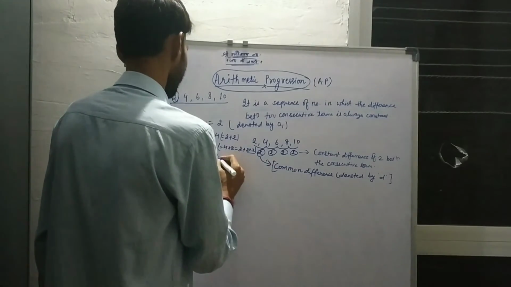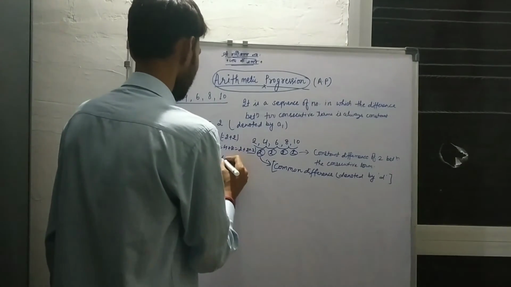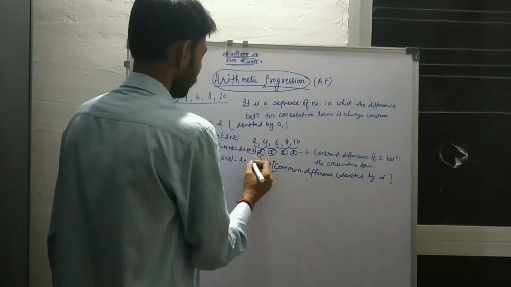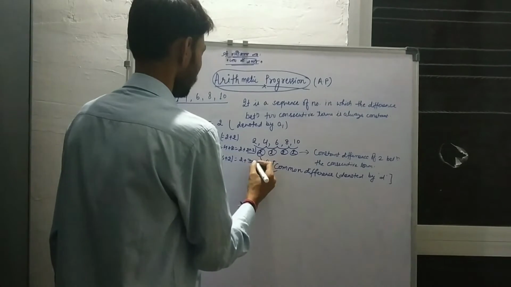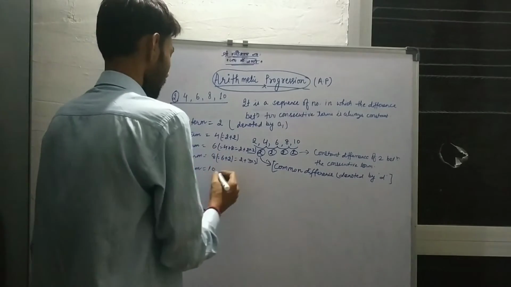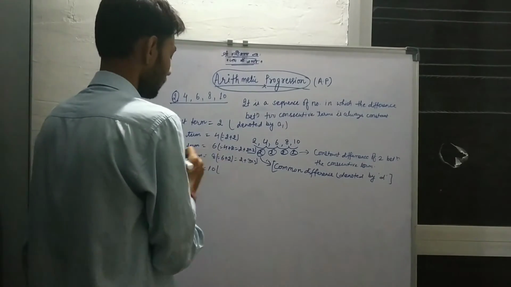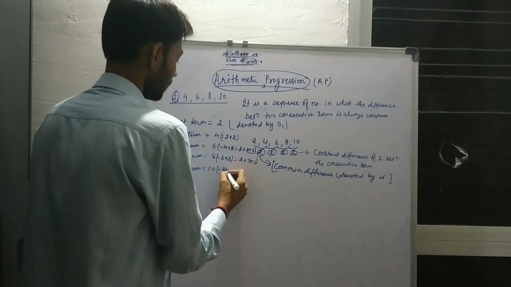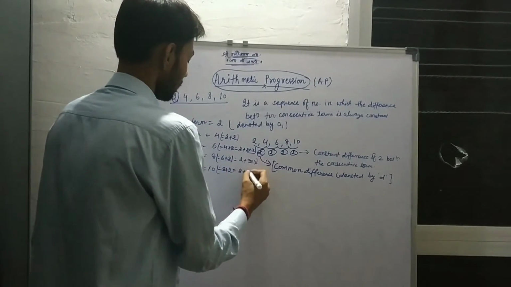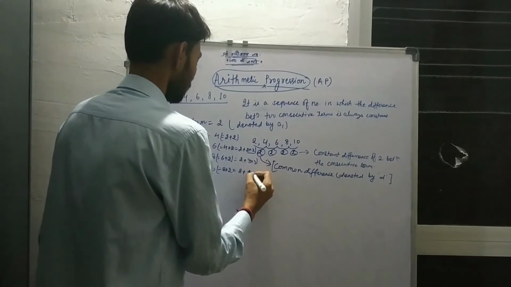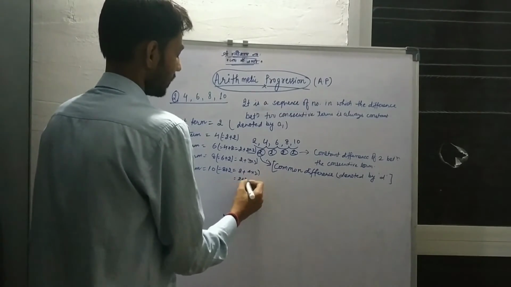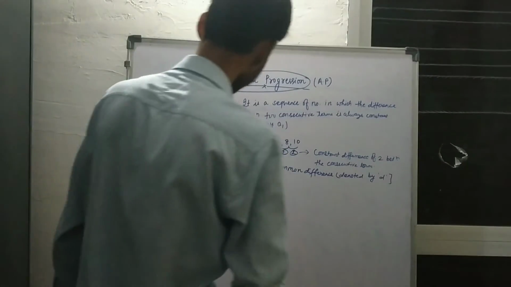The fourth term is 6 plus 2, that is the first term 2 plus 3 into 2, which is 8. And the fifth term is 8 plus 2, which is the first term 2 plus 4 into d, that is 2 plus 8, that is 10.